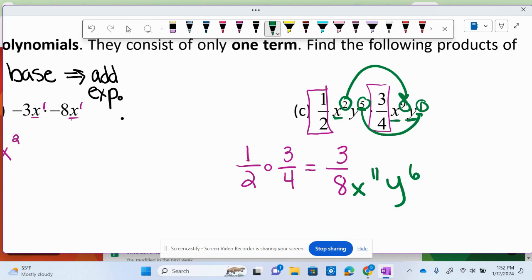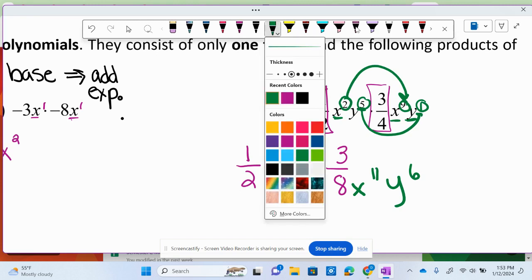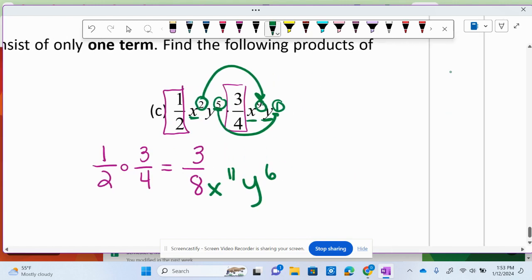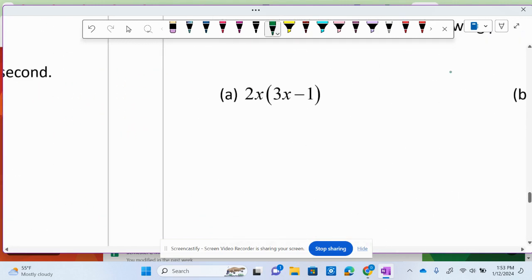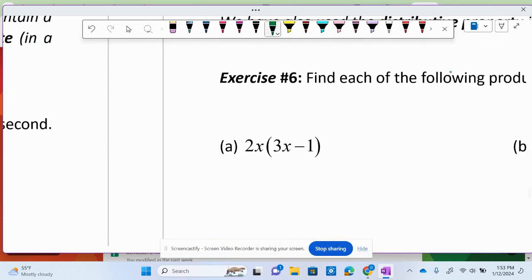Okay. Flip flop. Turn it over. Okay. So after we refreshed our brains on exponent rules, then we had to do things like multiplying a number outside by a binomial. This is a monomial times a binomial.